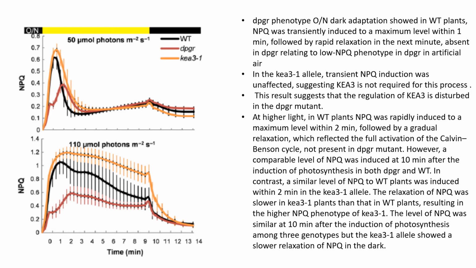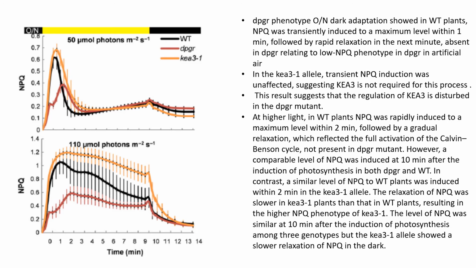For NPQ characterizations, the experiments that were done using overnight dark adaptations showed that in wild-type plants the NPQ was transiently induced to a maximum level within the first minute, followed by rapid relaxation in the next few minutes.